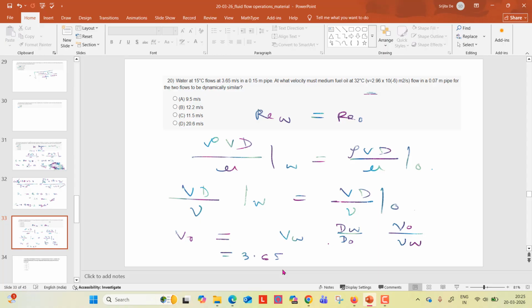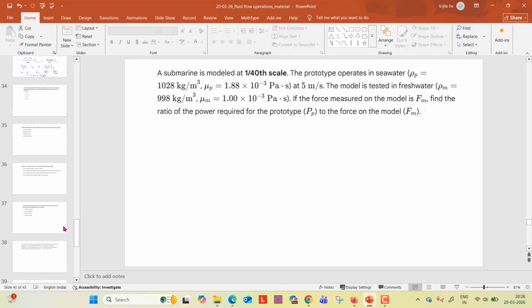Then dW by dO will be 0.15 by 0.07 and the given viscosity will be, dynamically similar, right? So let's calculate. Just a minute.